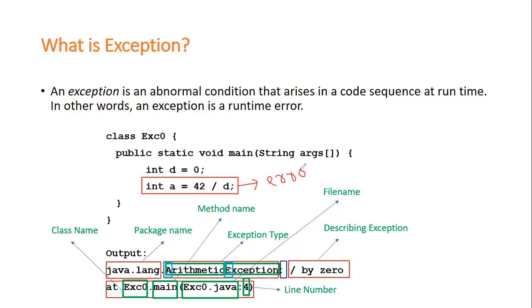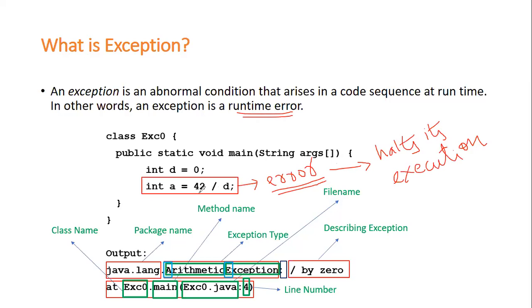Whenever there's a runtime error, we call this a runtime error or an exception, and your program halts its execution.